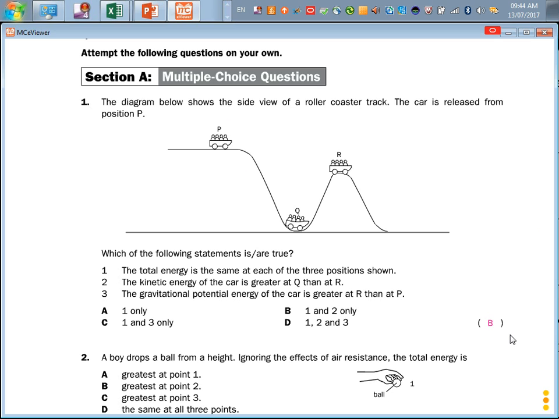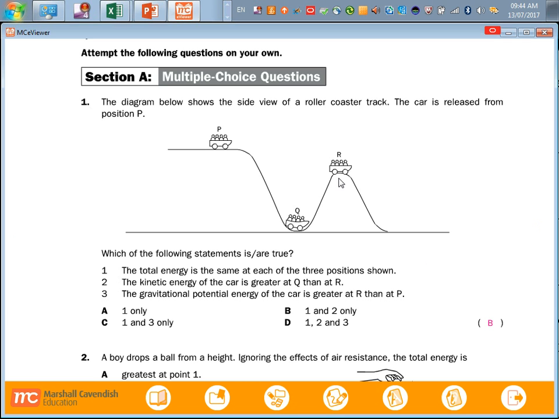So for those who have been on roller coaster rides, those who haven't also, you have seen pictures of them. Why does the point R have to be lower than point P? Assuming it is a real roller coaster, why does it have to be a lower height?